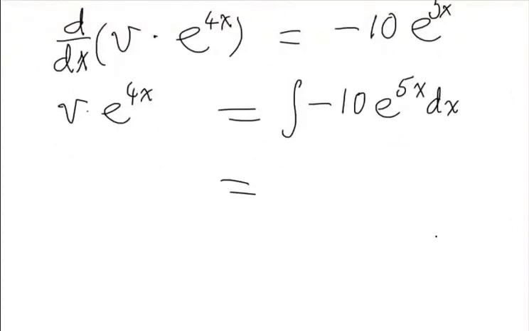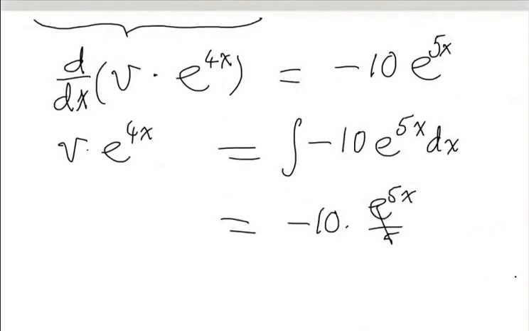So what do we get? We get minus 10 e to the 5x over 5. And now at this step, we should add c. So the left hand side is v e to the 4x.